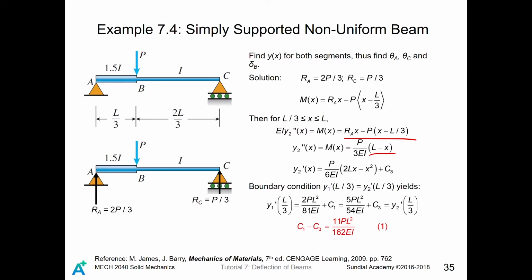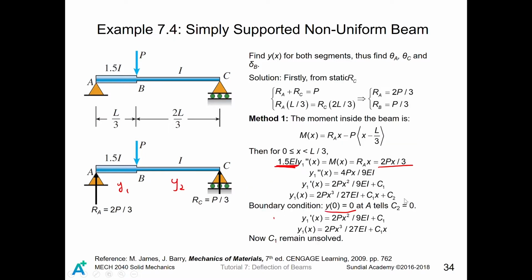However, we expect that the angle of rotation at point B would be the same for both y1 and y2, because in case of very little deflection, the deflection curve would be rather smooth. So we assume y1 prime of L divided by 3 equals y2 prime of L divided by 3. In the last slide, we discussed y1 prime, which is here.